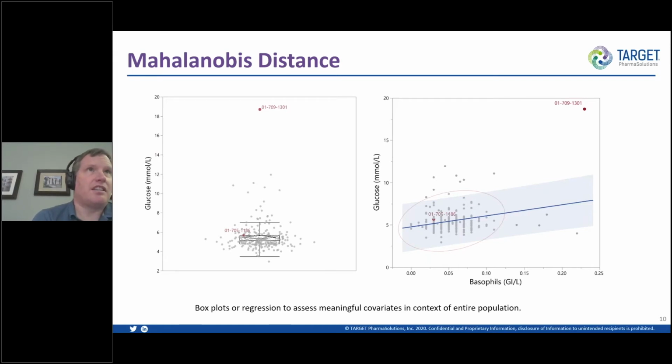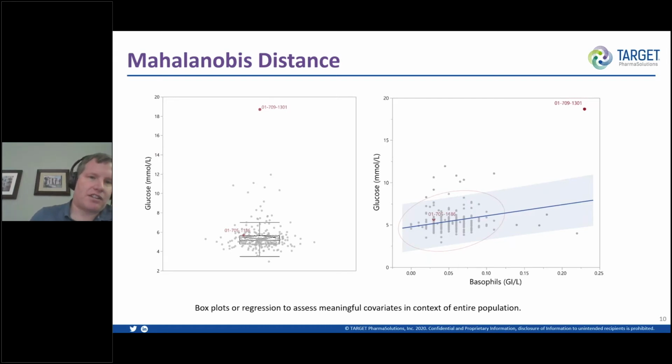So this is a straightforward way to start with a multivariate outlier and then identify for each individual subject which features may require additional review by a clinical team.